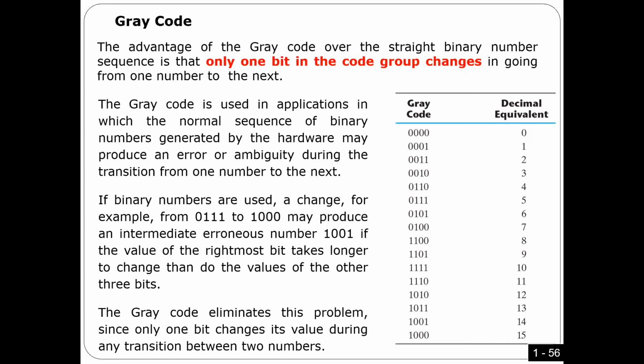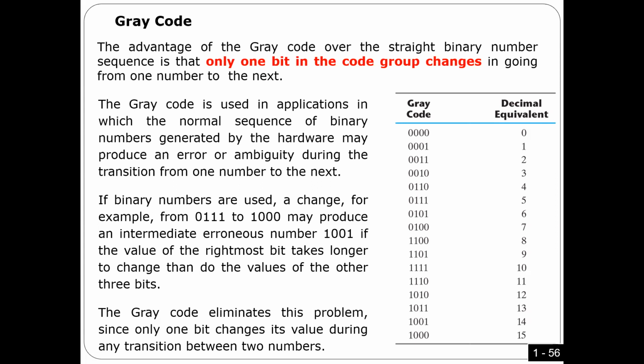If you look at how we made this code, it is designed in such a way that every time you move from one number to another, there is only one bit change. As you see here, when we moved from here to here, there is only one bit change. From here to here, only one bit change. So this code is designed so that every time you move from one number to the next, there is only one bit change.